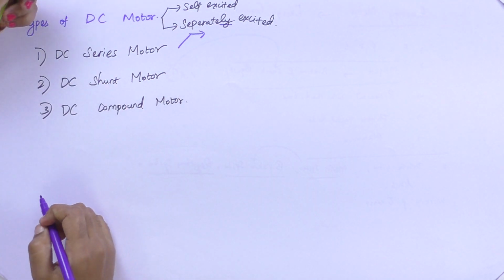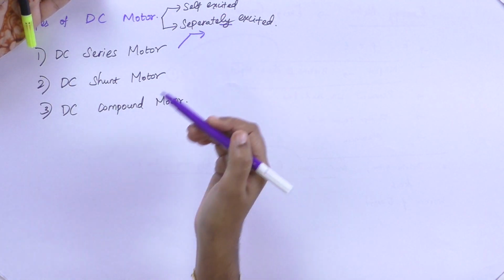The self-excited machine is that the supply is directly given to the field winding and armature winding, only one single supply will be given. But in separately excited, the field winding will be given a separate supply and the armature winding will be given a separate supply. So based on the excitation, it is classified into self-excited and separately excited.